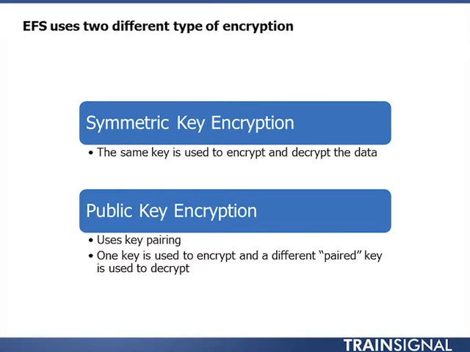Now EFS, if we reel this back into what this all means about the Encrypting File System, EFS uses 2 different types of encryption. It uses one thing that's called symmetric key encryption, which means that the same key is used to both encrypt and decrypt the data.